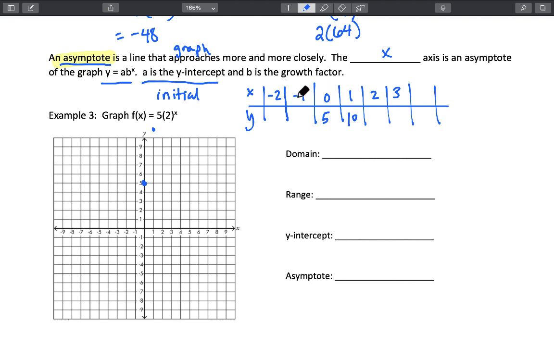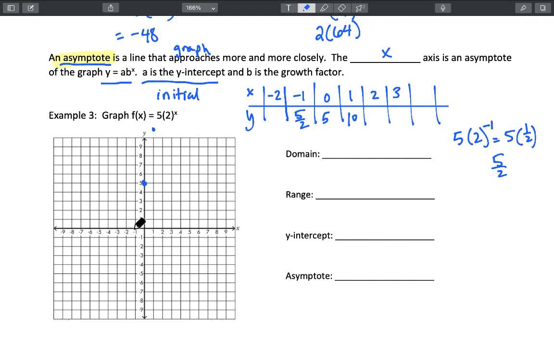Let's go backwards to where x is negative 1. If we put negative 1 in for x, and we're going to show that to you over here on the right, then that becomes 5 times 1 over 2 to the first power. And that is 5 halves, or simply written as 5 over 2. 5 over 2 is simplified to 2.5.